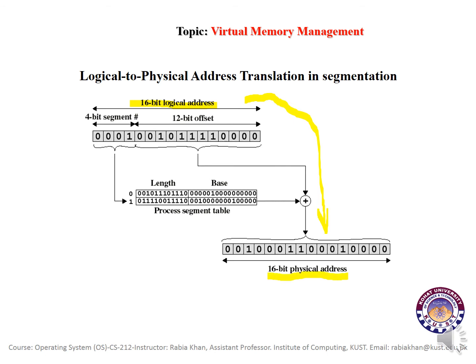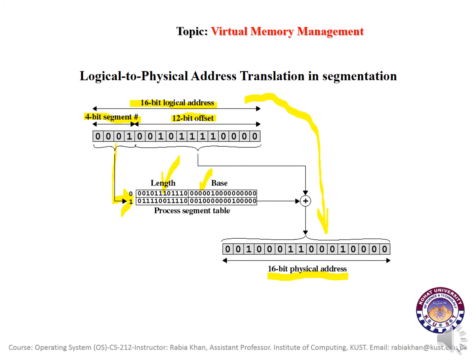You can see the starting 4 bits in the logical address represent the segment number, while the remaining 12 bits represent the offset. This segment number is indexed with the segment table here in order to get the starting address of the segment as well as its size. So this is the starting address and that shows its total size or length.